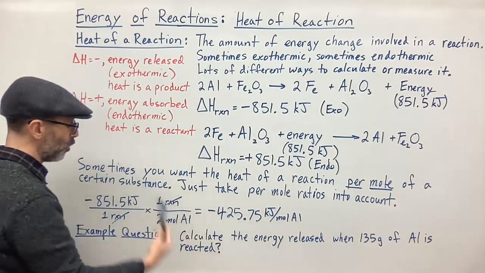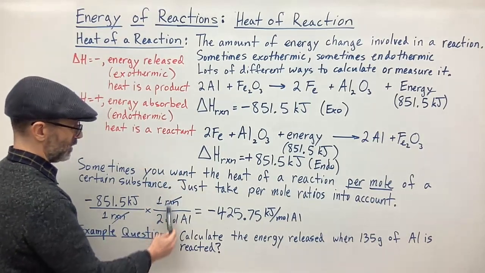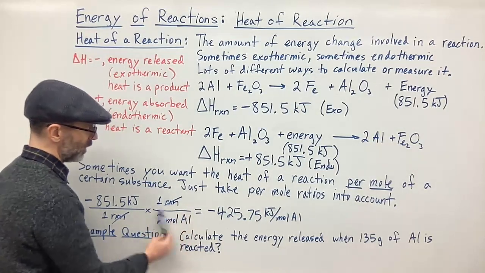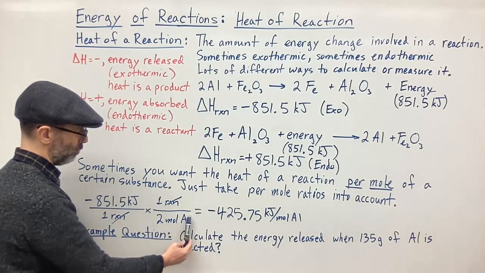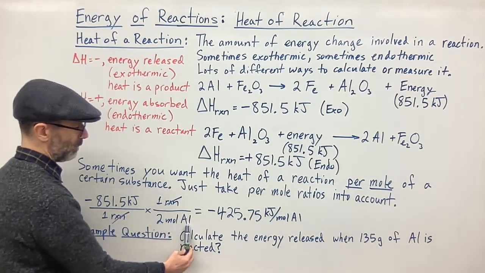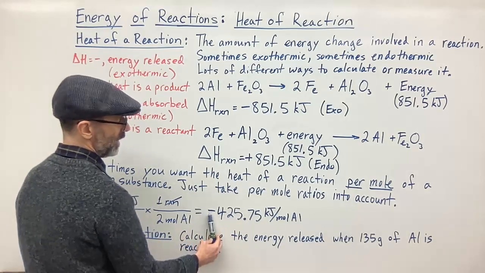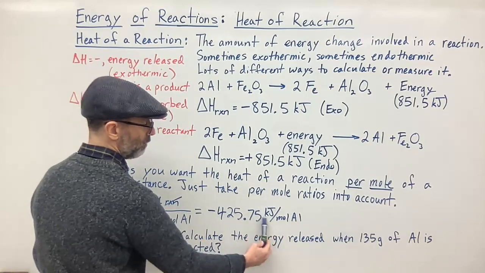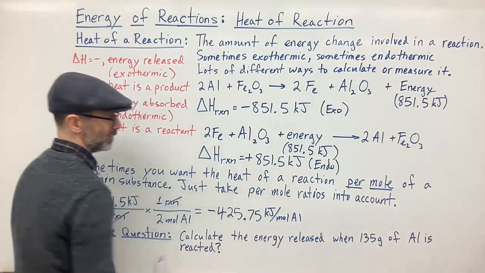If we want a per mole of aluminum, then we use this conversion factor: for every one reaction, balanced equation, that requires 2 moles of aluminum. So the reactions cancel out and we get 2 moles of aluminum in the bottom. That means this involves a negative 425.75 kilojoules of energy released for every mole of aluminum that reacts.